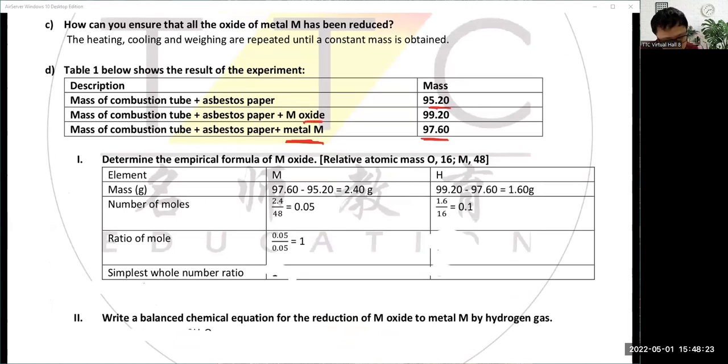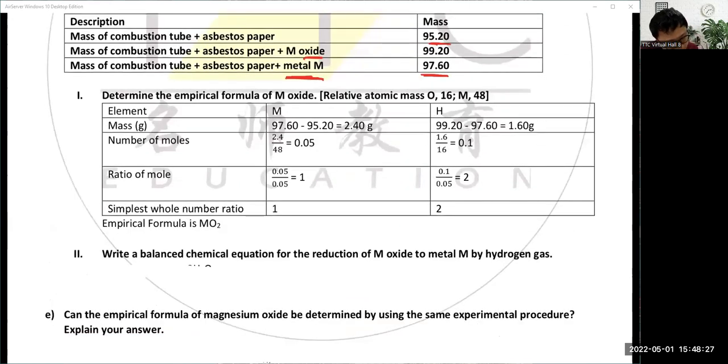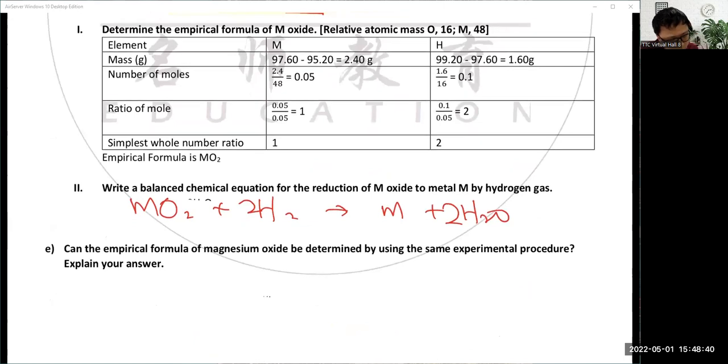You get the ratio of about 1 to 2. So we can say the empirical formula is MO2. Then MO2 reacts with hydrogen gas to become M plus H2O. And put 2 here, put 2 here. Can the empirical formula of magnesium also be found using this method? The answer is no, because magnesium is more reactive than hydrogen.